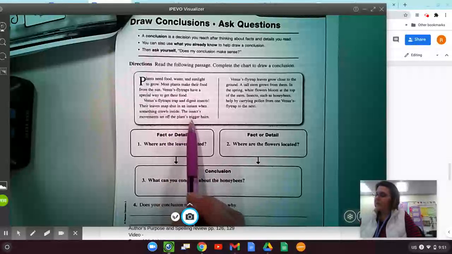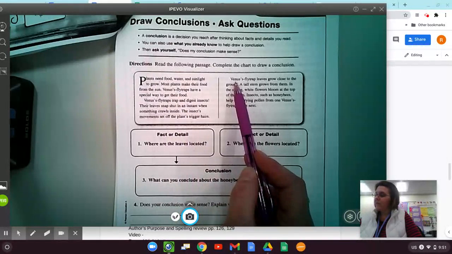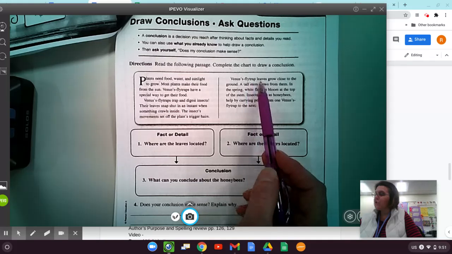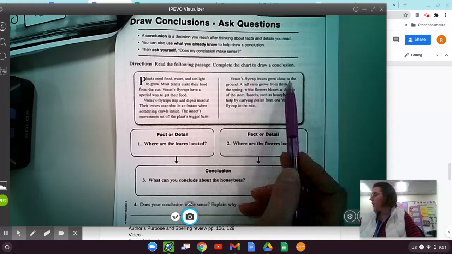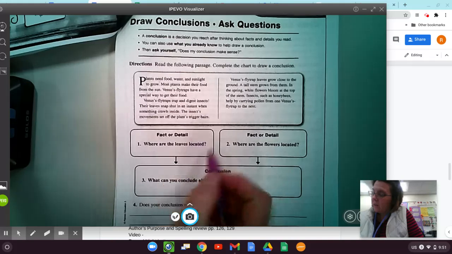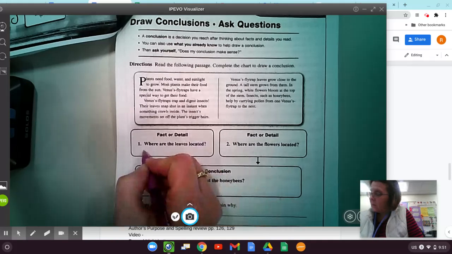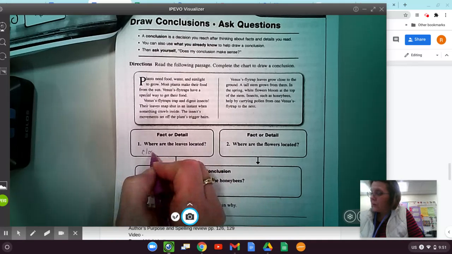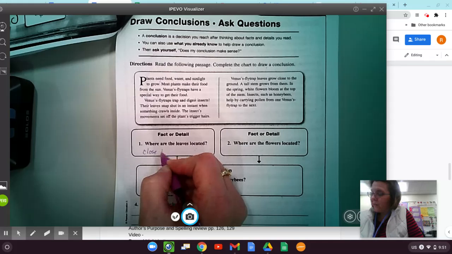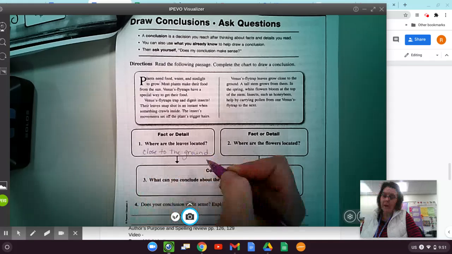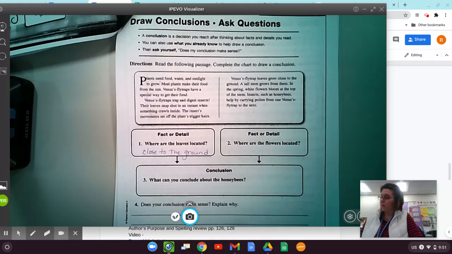Here it is. Venus's flytrap leaves grow close to the ground. So where are the leaves? Close to the ground. Now they didn't give us enough space really to write complete sentences, so I didn't start with a capital or a period.